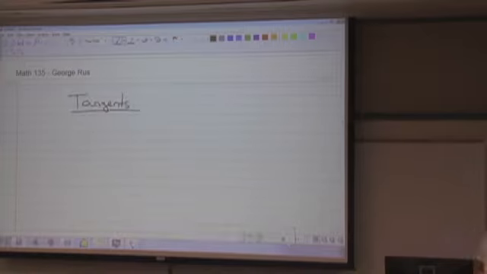As a first thought, before we get to derivatives, so this is section 2.1, the first thought would be what are tangents? Tangents are something that we're very interested in. And the question is, what exactly is a tangent?